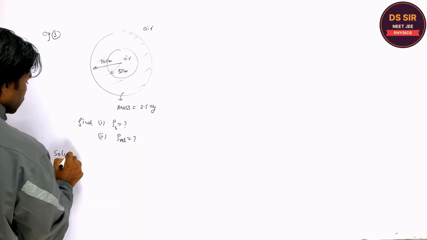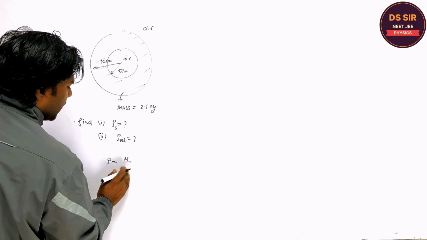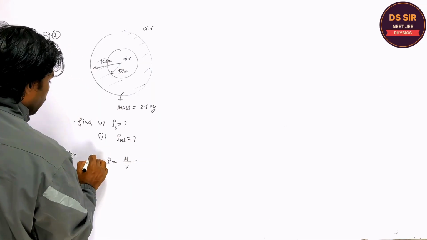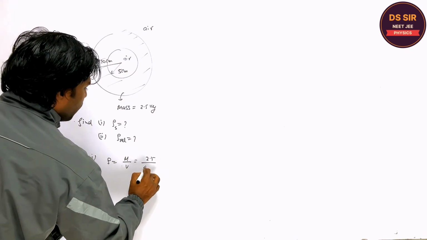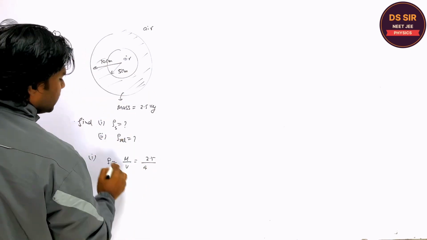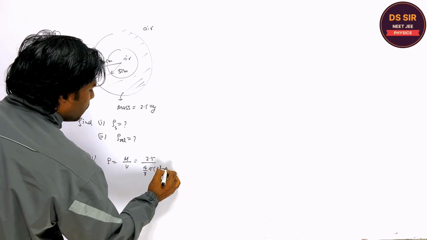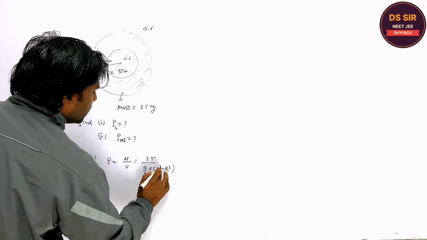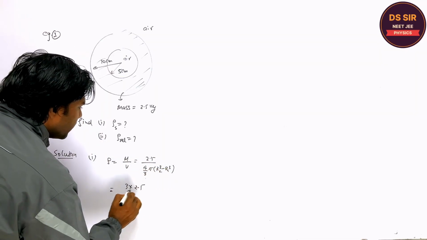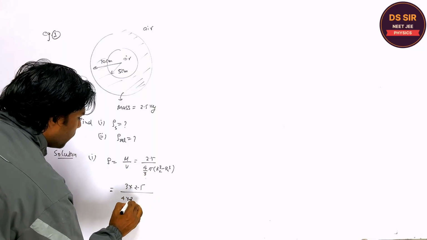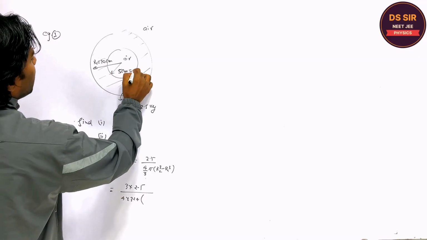So how to solve this question? Very simple. Rho is equal to mass upon volume. So what is the mass? It is 2.5. How to find the volume? The volume of the material is 4 by 3 pi times r2 cube minus r1 cube, right? So this is the formula. So 3 into 2.5 into 4 into 3.14. What is r2? This is r2 and this is r1.